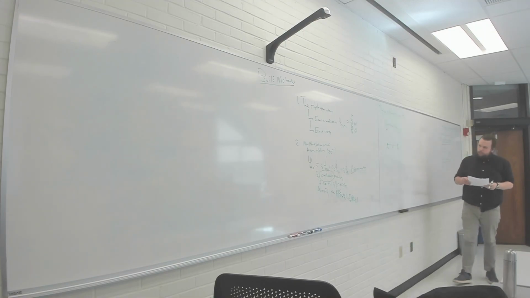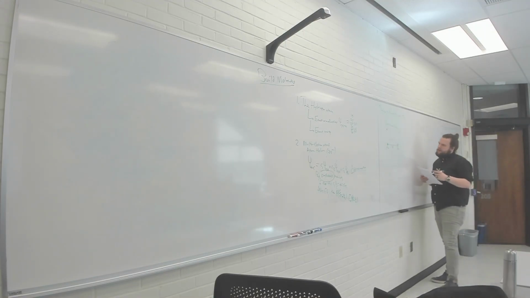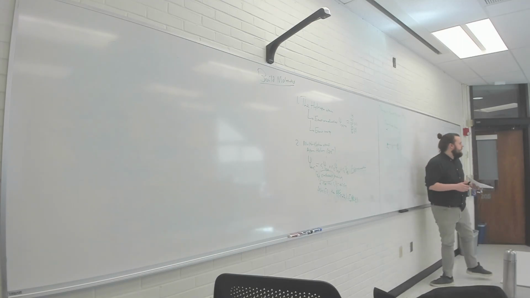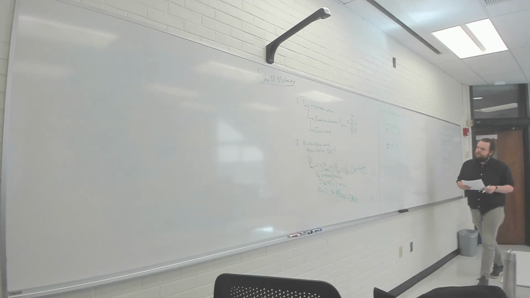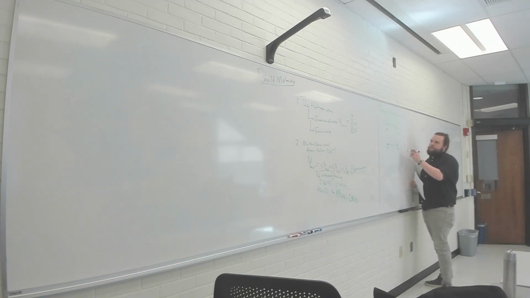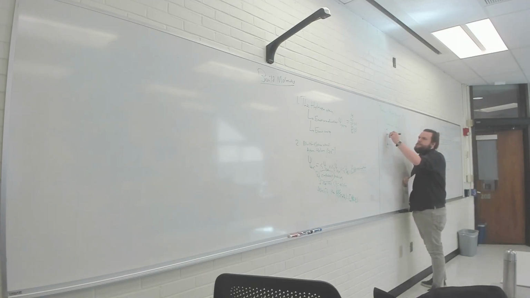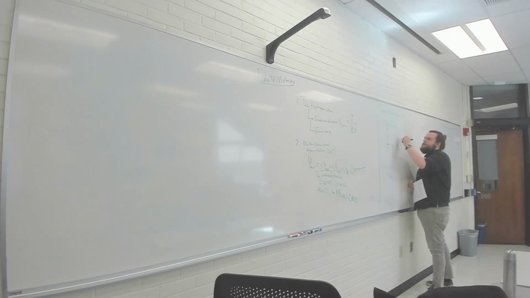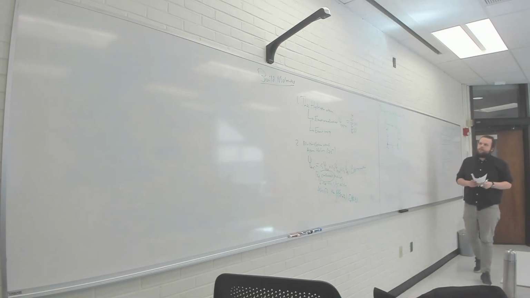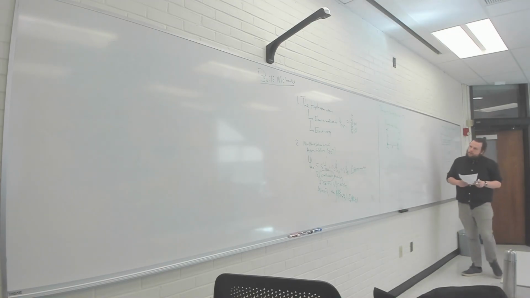All right, and we have some distances to take. Remember, we're dealing with electrostatic attraction, so we need to measure the distance between the nuclei and the electrons. And of course, that goes across both combinations. We need to measure the distance between A and 1, so we'll call that R1A. This is R2B, the distance between nucleus B and electron 2.